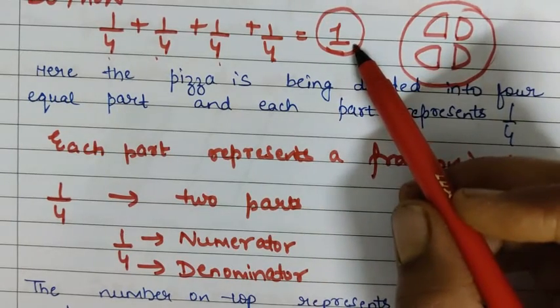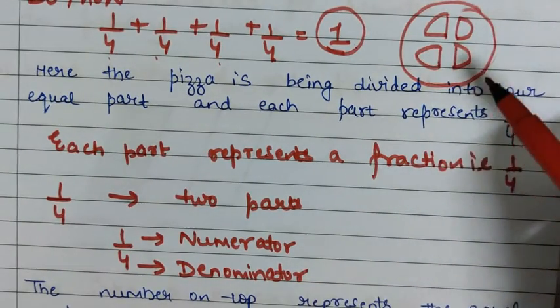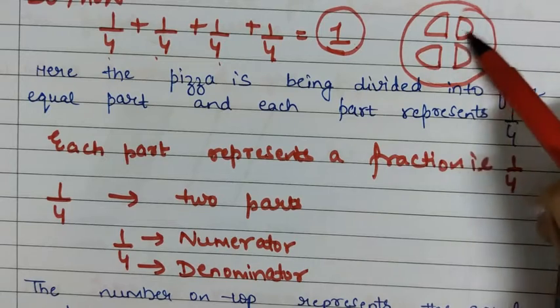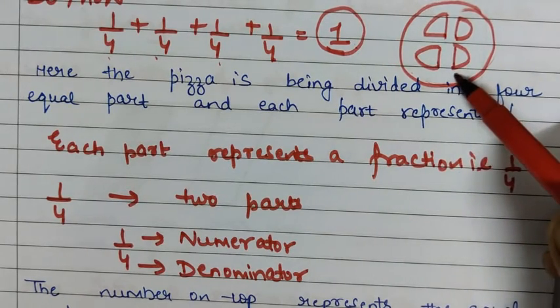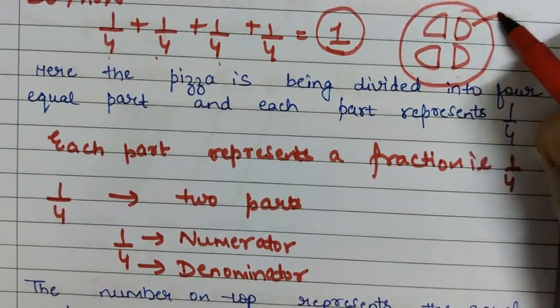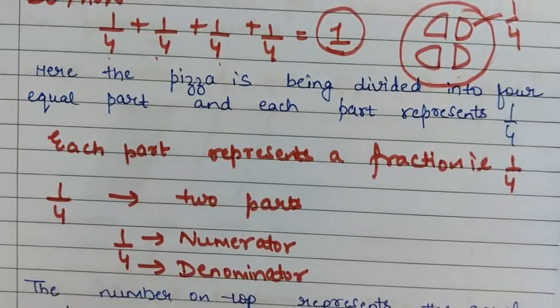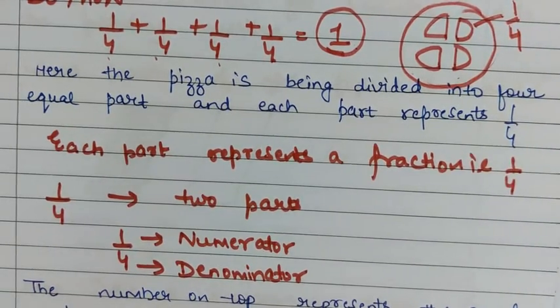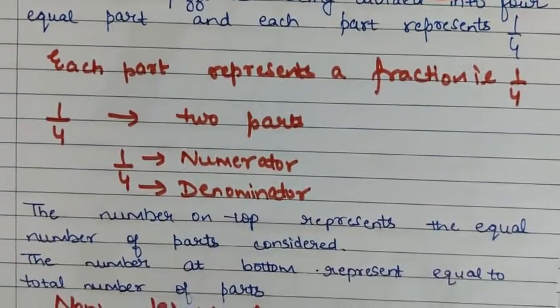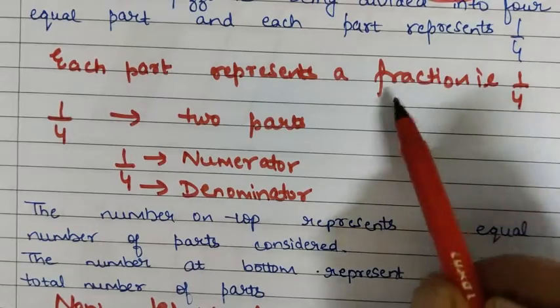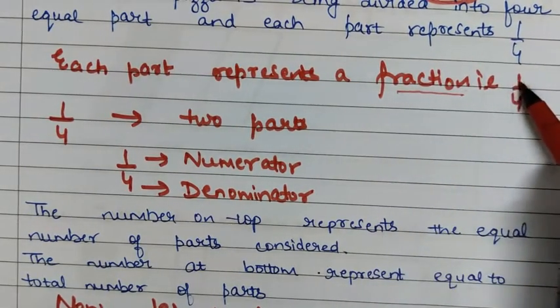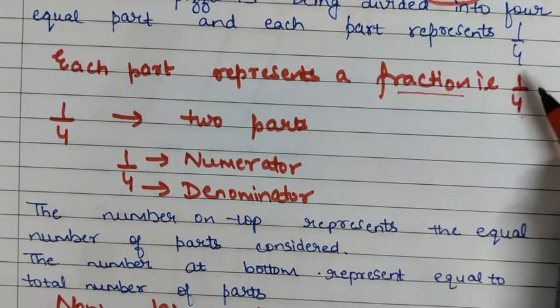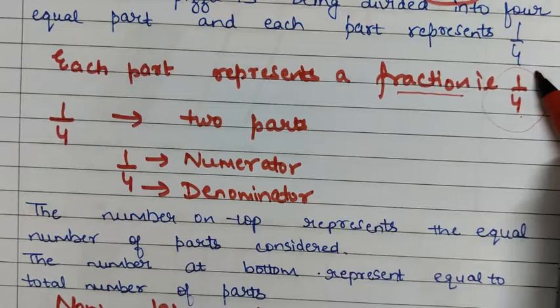That is one pizza. So here the pizza is divided into 4 equal parts and each part is representing 1/4. Now each part represents a fraction, that is 1/4. Every fraction has two parts.